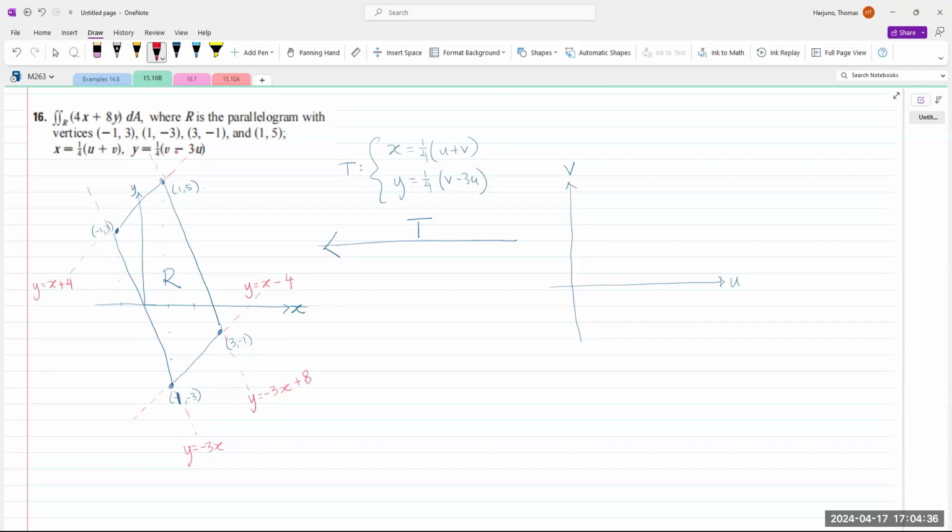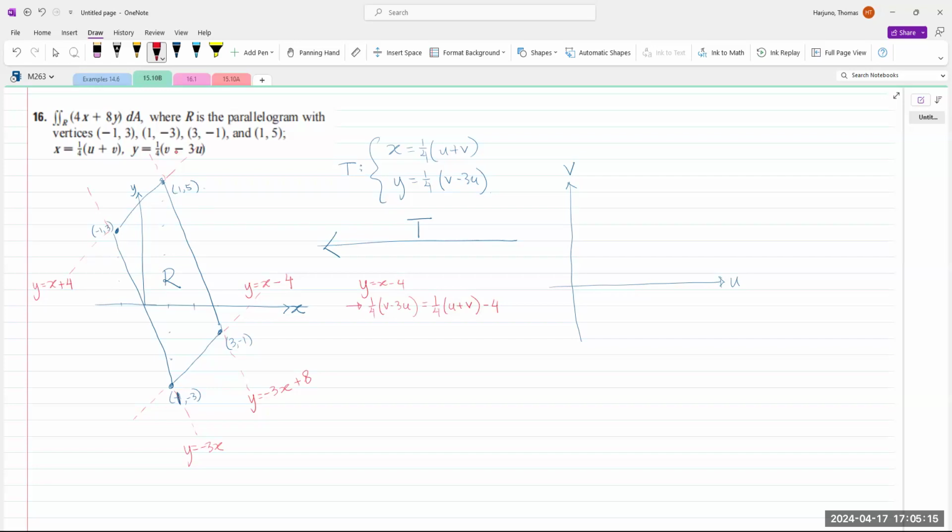Now what happened to these boundaries? That's what we want to find out. For example, y equals x minus 4. When I plug this in, I get 1/4 of phi minus 3u equals x minus 4.